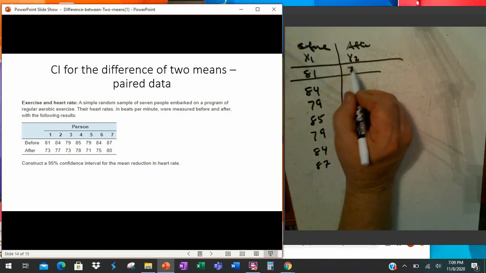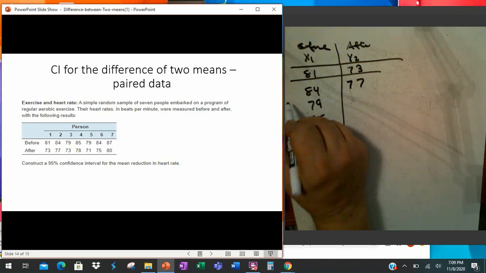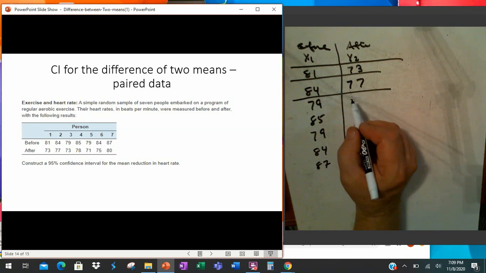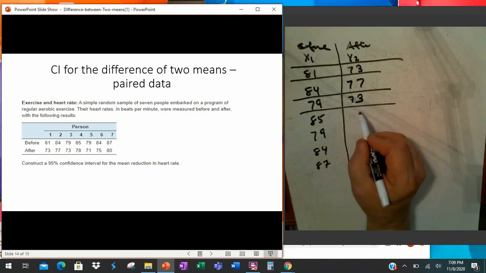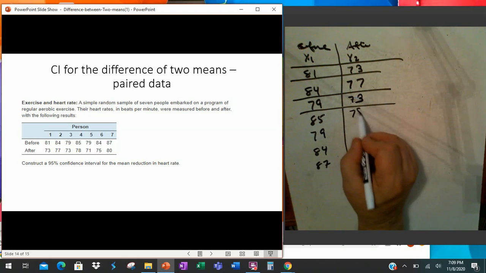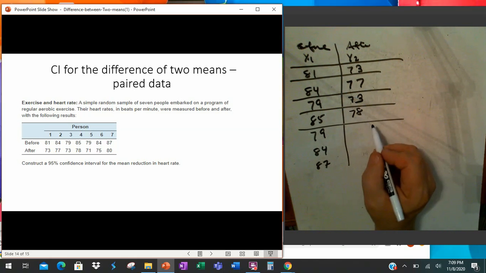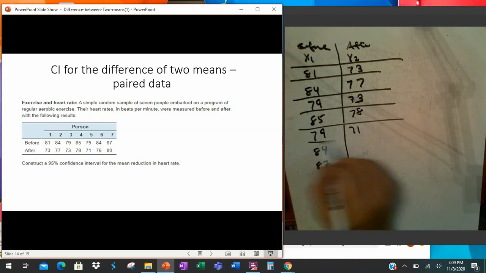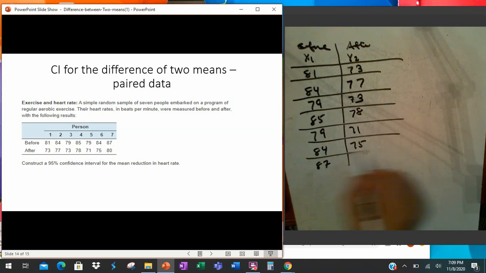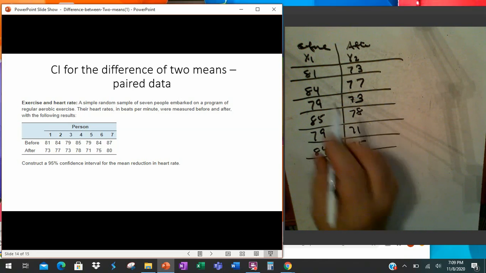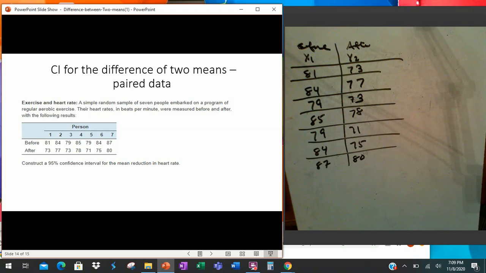After would be 73, 77, 73 again, 78, 71, 75, and then 80. Same person before and after.